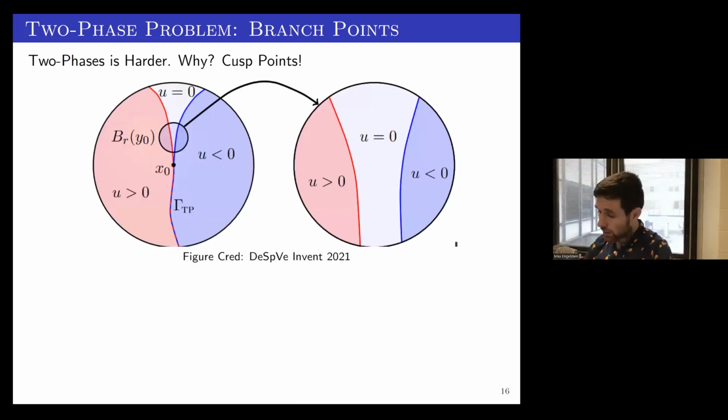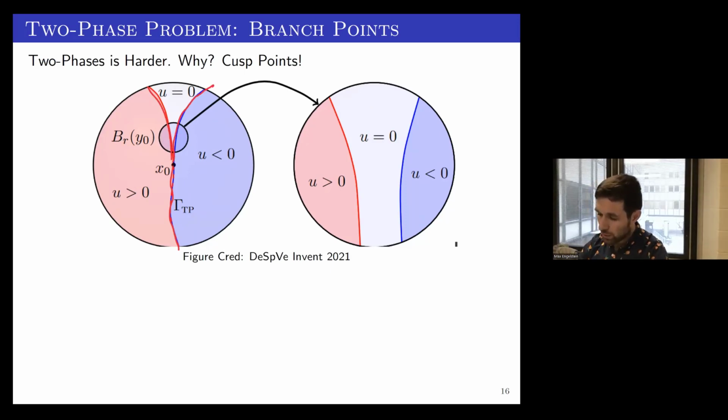So here's a nice schematic. This figure is due to Guido, Luca, and Bozhidar. And the idea is that in a two-phase problem, you could have some points on the free boundary where the two phases come together, and then some points on the free boundary where the two phases don't touch each other.